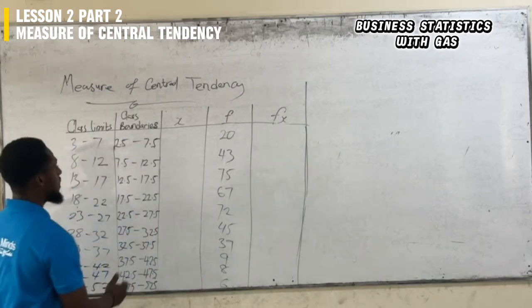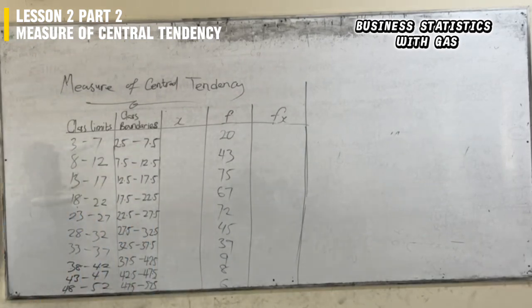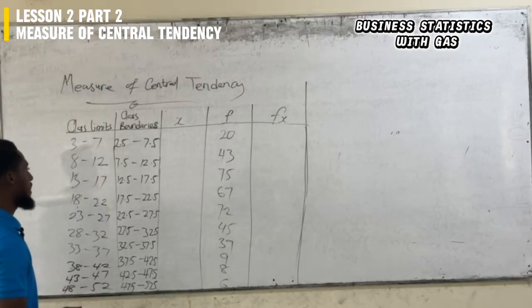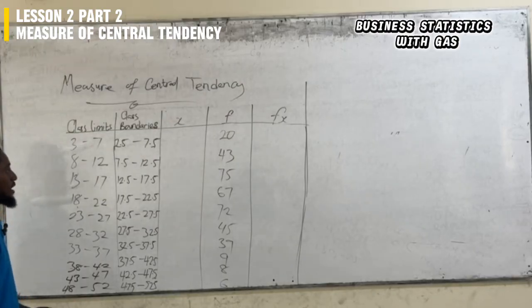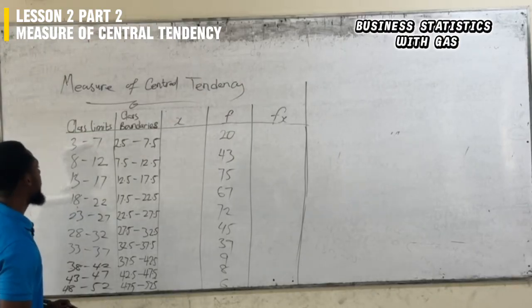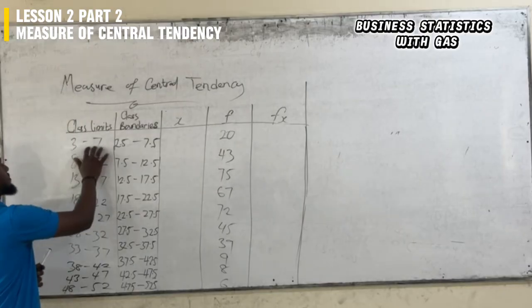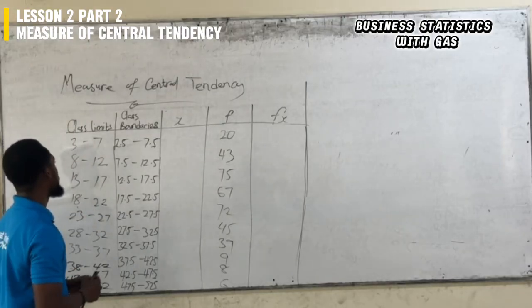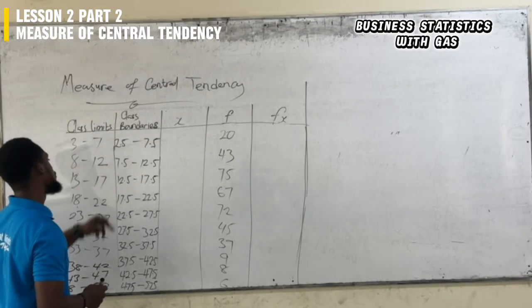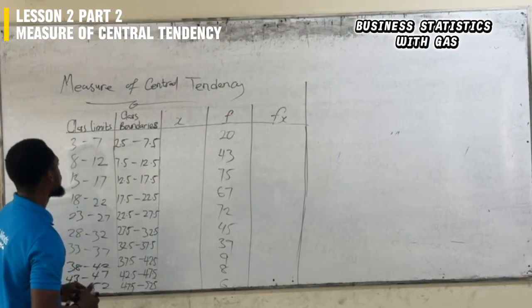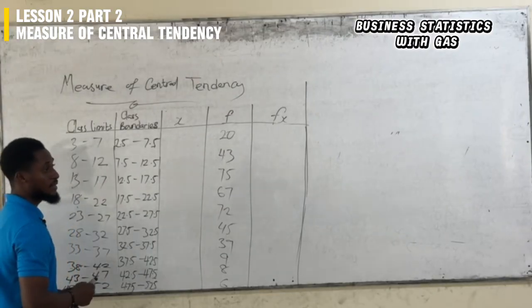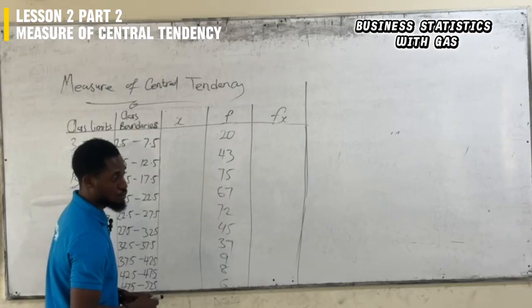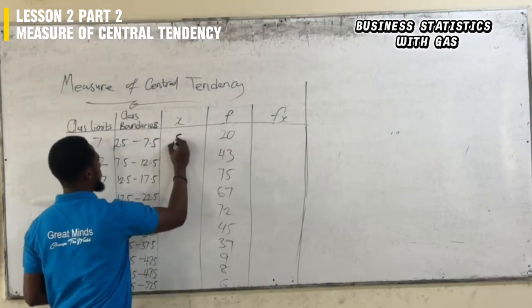So now we have our f, so it's left with us to compute our x and the fx. With the x, you add the class limits, then you divide by 2. So when you add 3 to 7, you are getting 10. And when you divide 10 by 2, you are getting 5.